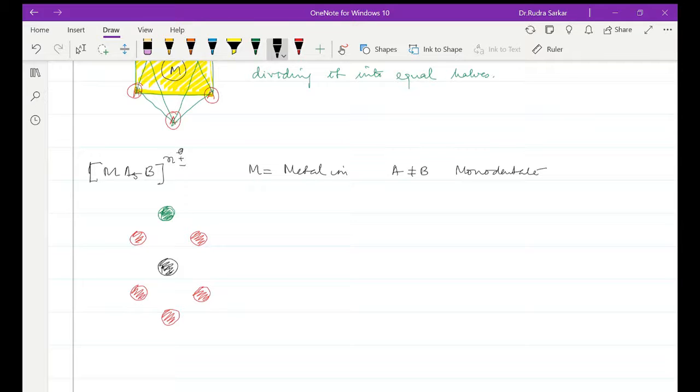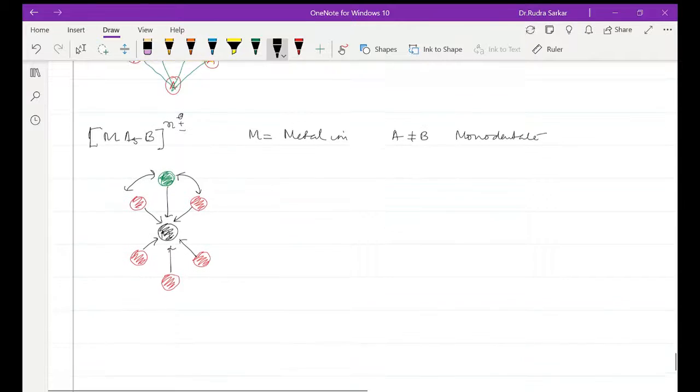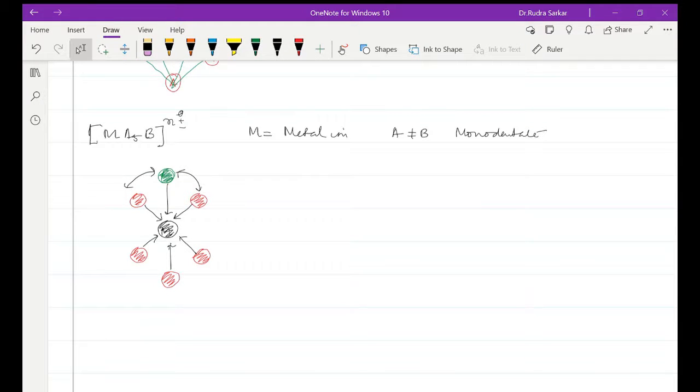Now can there be any other possible arrangements? No, because if you exchange any of these positions, say whether you exchange with the left hand donor atom, or here, the new structure generated will be identical to the one that is already there. So out here what we will say is that there is only one type of geometrical isomer possible here. Okay, and since the molecule again has a plane of symmetry, there is no optical isomerism.